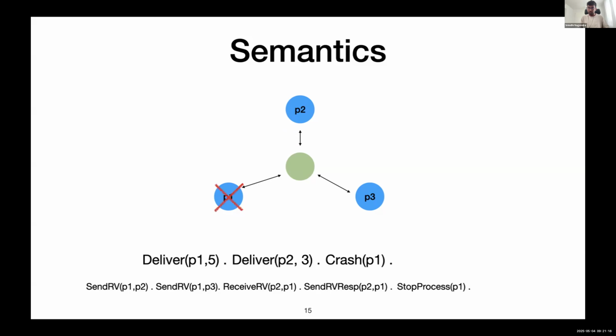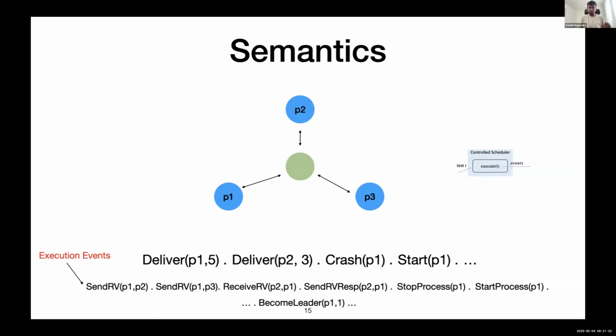Similarly, as we go, we collect all these events. Say somebody becomes the leader eventually. So this is what we get out of executing an input on an implementation: a sequence of events. And we're going to use these events to simulate the exact same trace on the model. It's not a one-to-one mapping, but it's a close enough abstraction for us to work with.